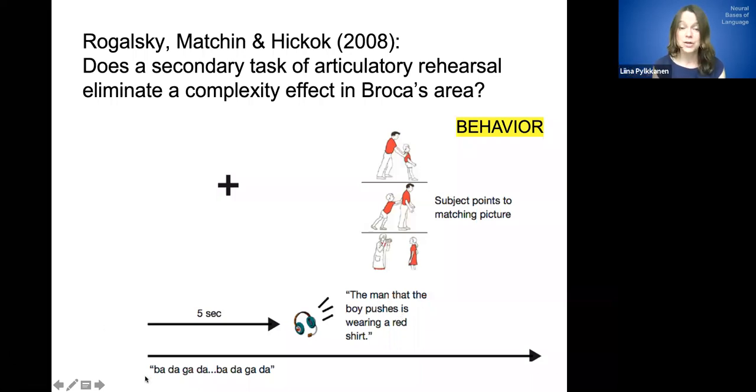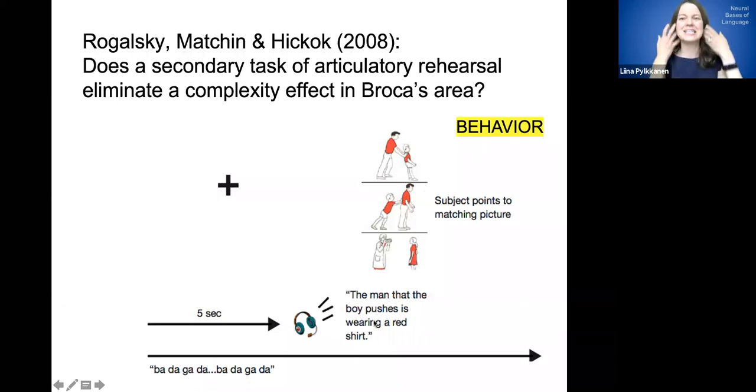And so what these authors did was occupy your production route with something else. While you're listening to these sentences, your task is to simultaneously say badaga, badaga. So you have to articulate this totally meaningless, otherwise totally easy sequence of syllables, but you're doing it while you're listening to these sentences and trying to do this task.